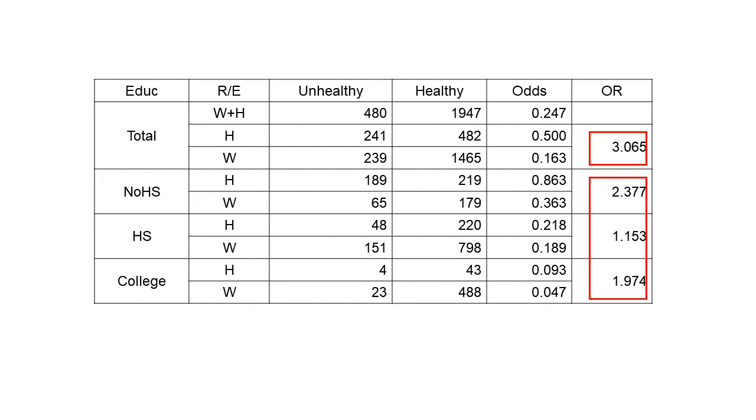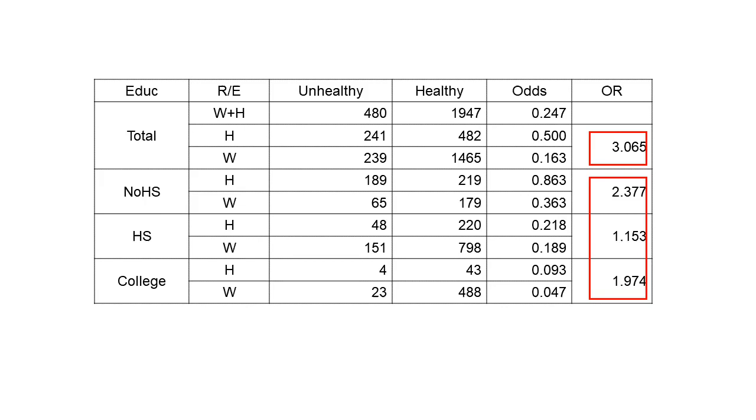The odds ratio between Hispanics and non-Hispanic whites is 3.065 for the total population. The odds ratio is shown for each of the education categories as well. It was 2.3774 for those who have not graduated from high school, 1.153 for those who graduated from high school, and 1.974 for college graduates.